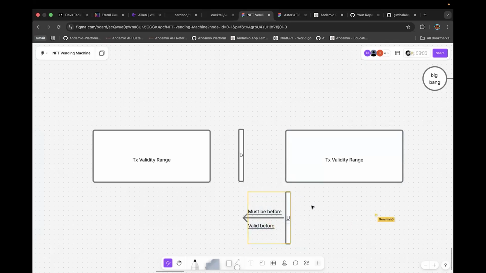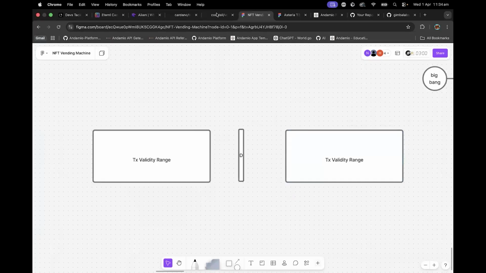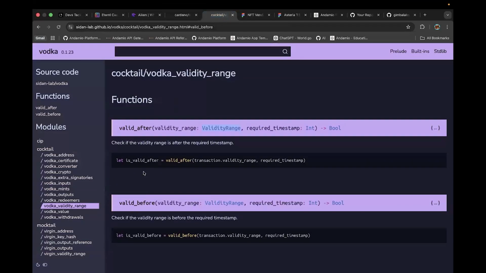But how are you going to check the upper bound of the validity range? What do you mean? Just with before, after. So here it is: valid before, valid after, right? So what are we checking? Is this required timestamp before... Is the check whether the validity range is before the timestamp?